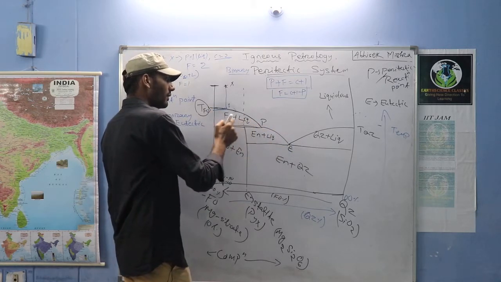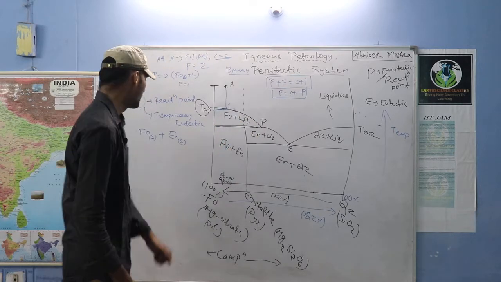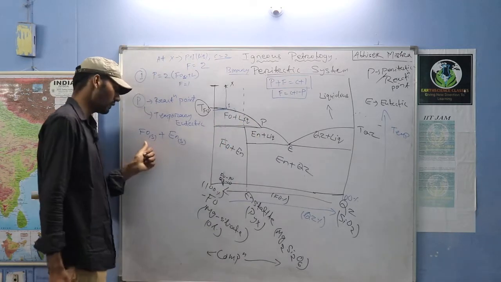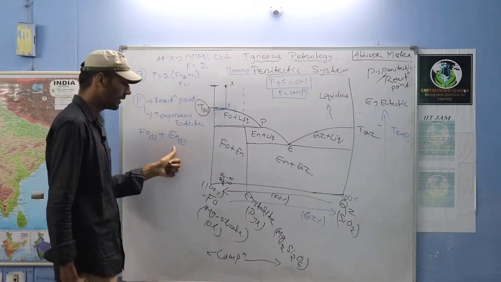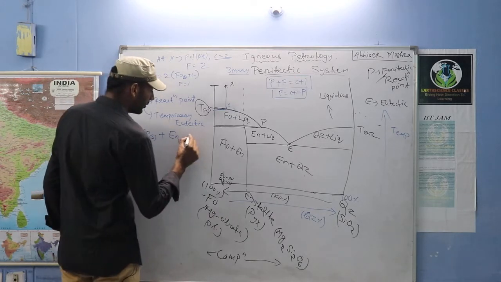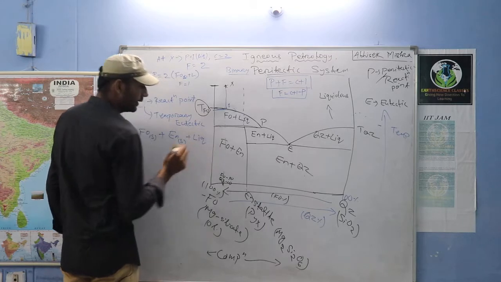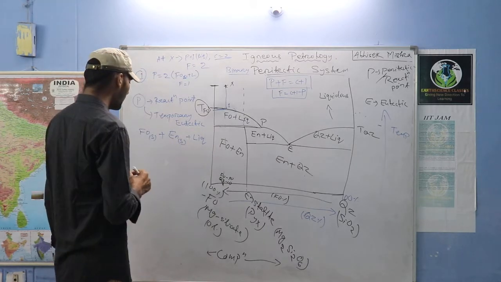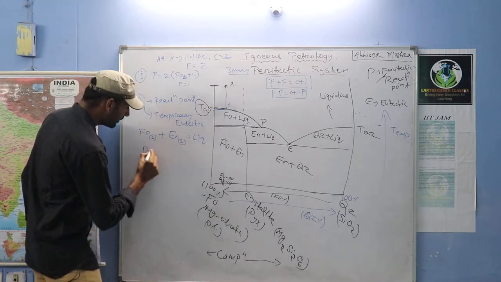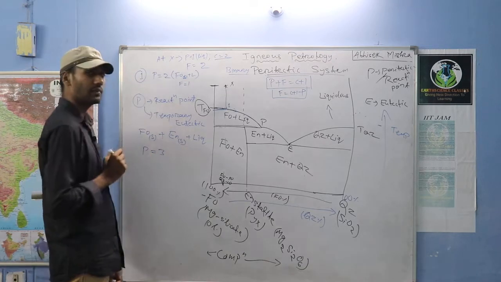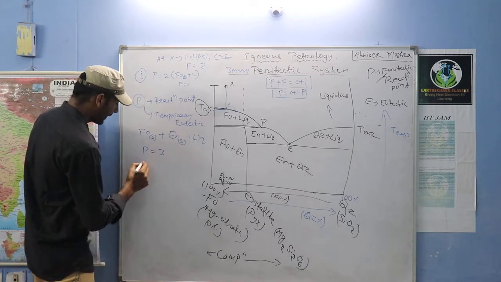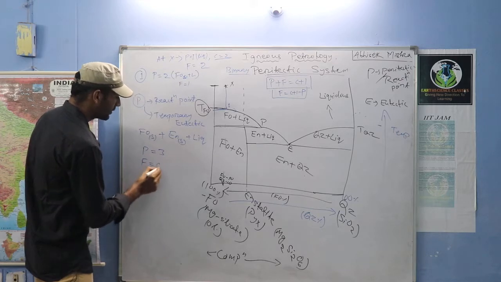So this is the common point between the forsterite field and the enstatite field. So at P, forsterite will form and enstatite will form, and there will be one liquid also. So the phases become 3, so degree of freedom becomes 0.